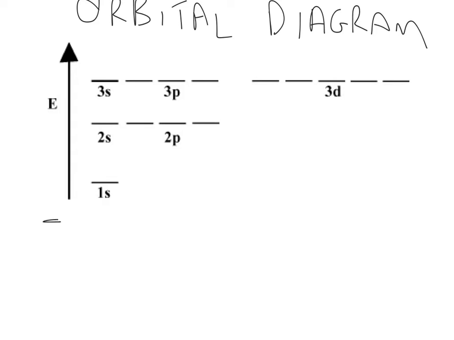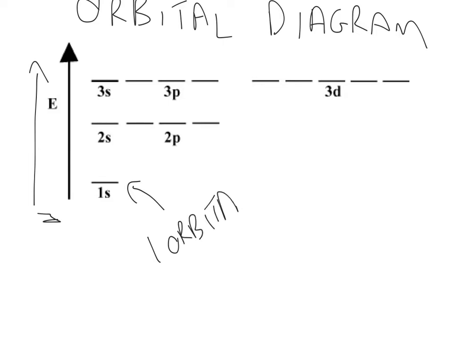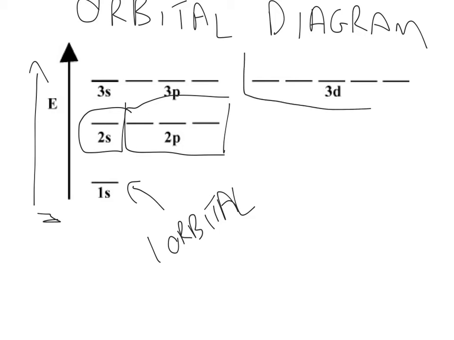So we start down here at the lowest energy, we go up, energy is increasing. Each of these lines, or sometimes you'll see them as boxes, represents 1 orbital. So you notice the 1s has a single orbital in it. The 2s, which is shown here, has a single orbital. When you get to the p's, they have 3 orbitals. When you get to the d sublevels, they contain 5 orbitals.